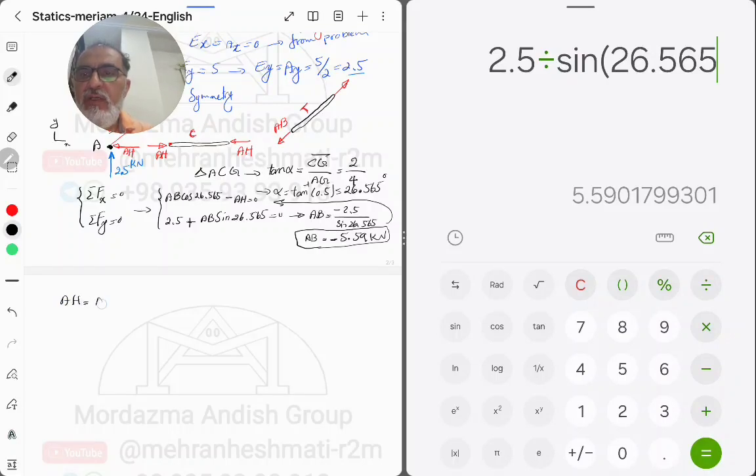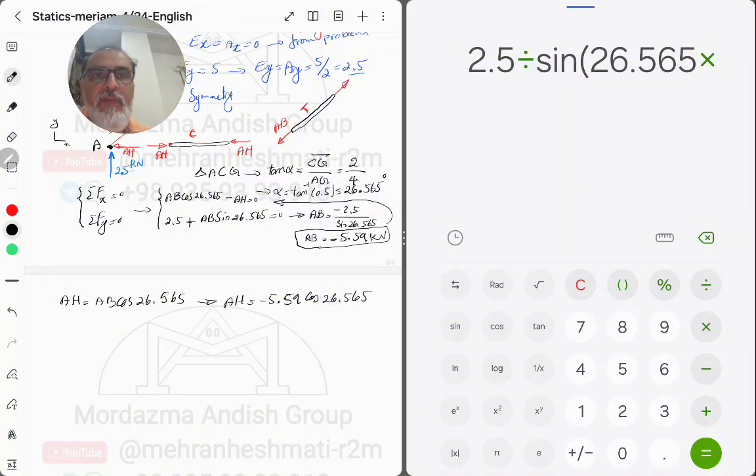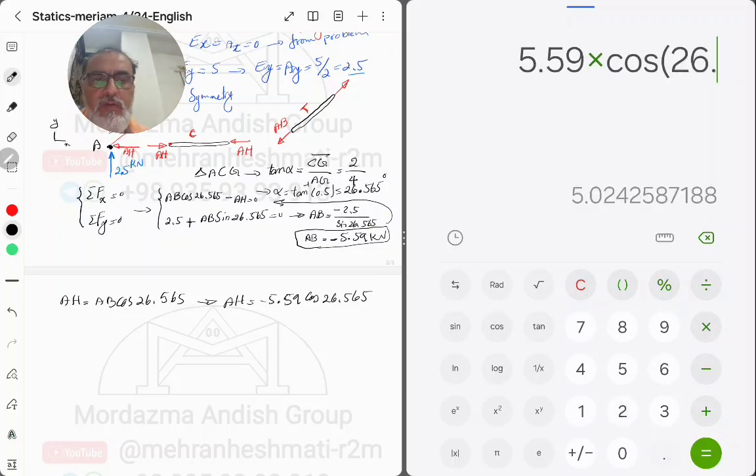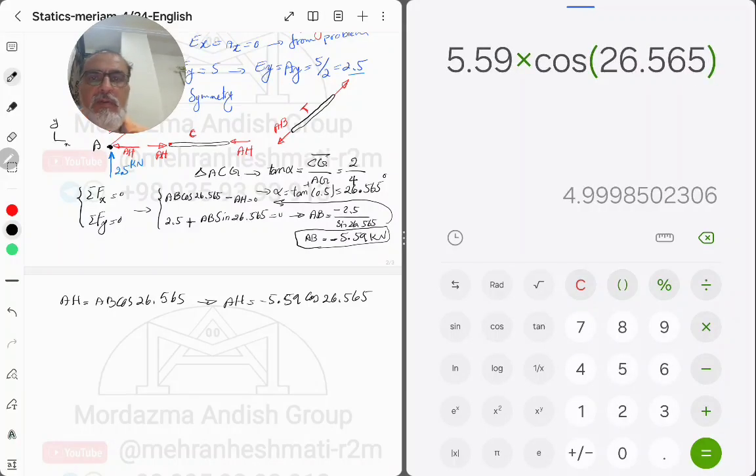AH is equal to AB cosine of 26.565, means AH is equal to minus 5.59 cosine of 26.565, which means minus 5.